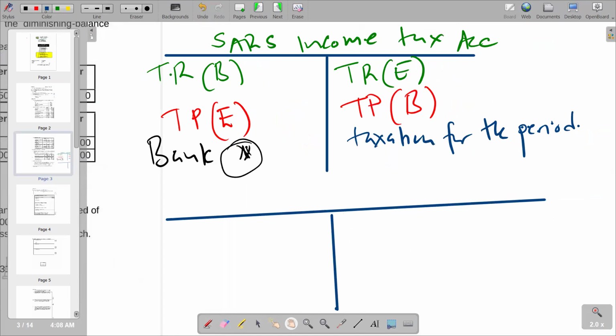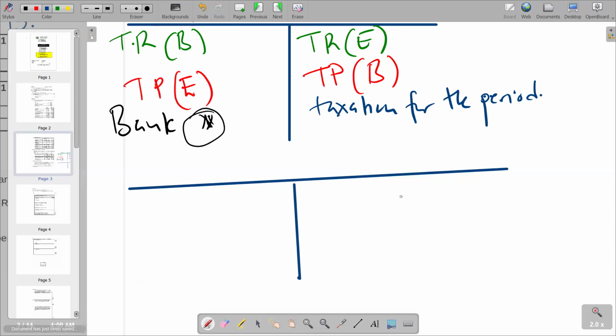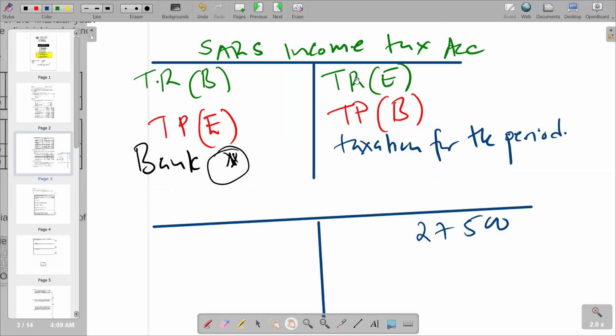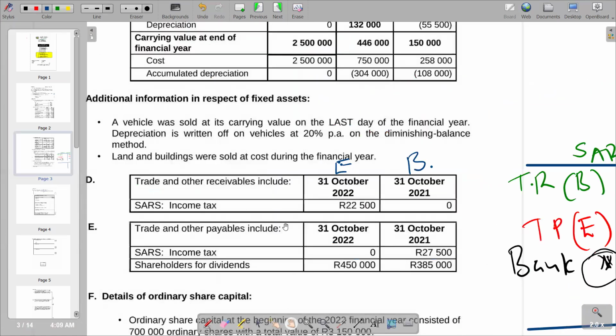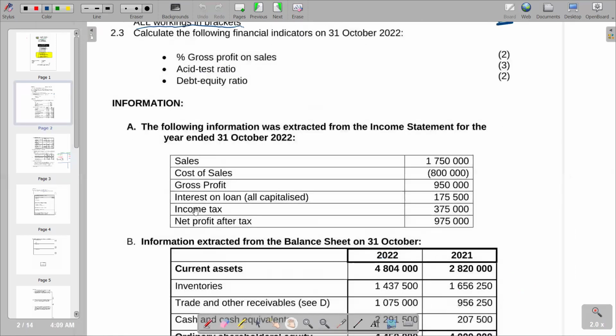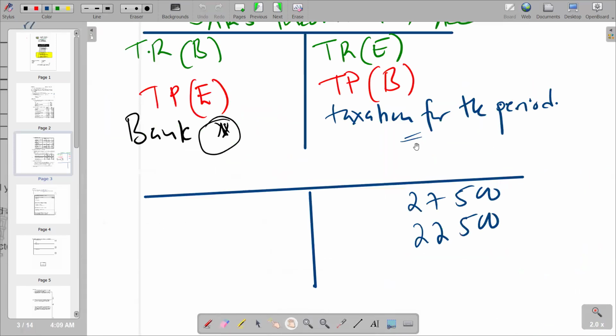Then the other balance we are given is at the end, trade and other receivables, 22,500, and it is on the credit side again. Then we look for taxation for the period in the other information given. You see taxation for the period, income tax 375,000. It should also be on the credit side, so we put it on the credit again.